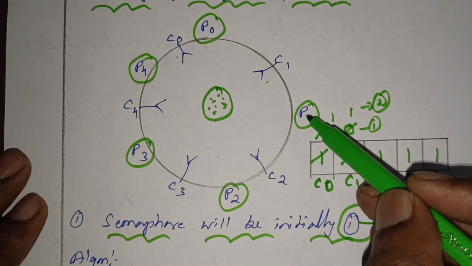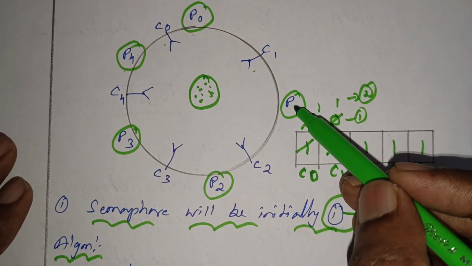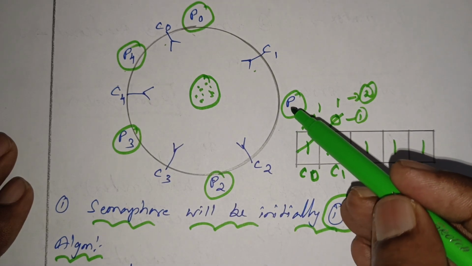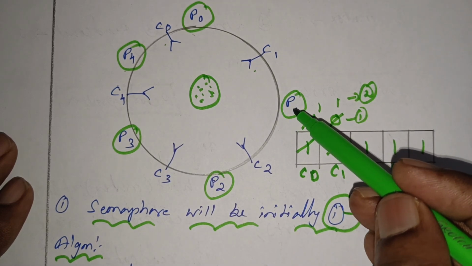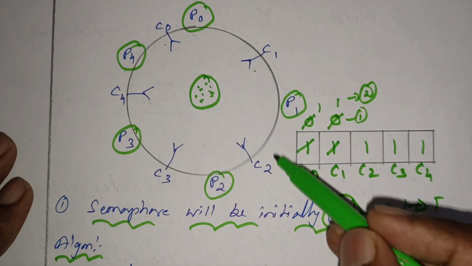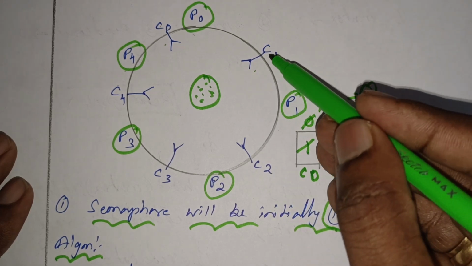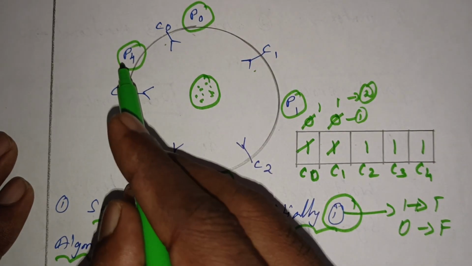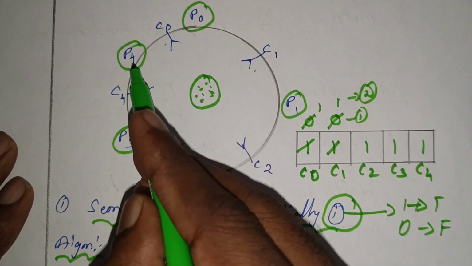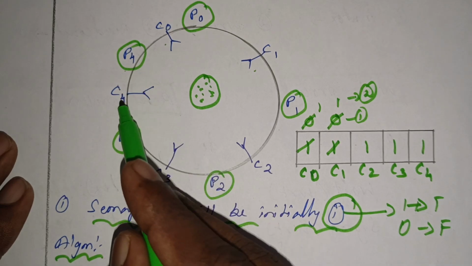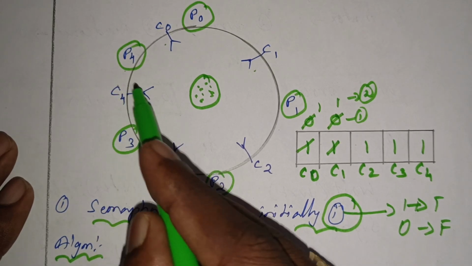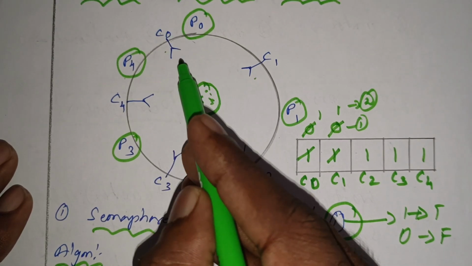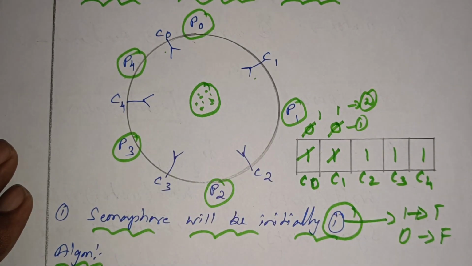For example, if P1 also wants to eat at the same time when P0 is eating, P1 will check that C2 is available, but C1 is not available. Why? Because it was already taken by P0. Again, the adjacent philosopher on the other side of P0 is P4. Now P4 finds C4 is free, but it is not able to find chopstick number 0 because it is already picked by P0.